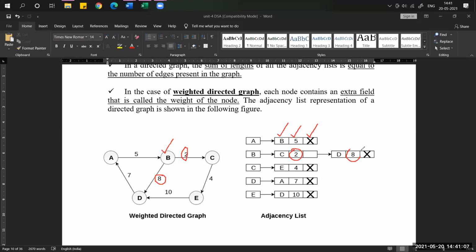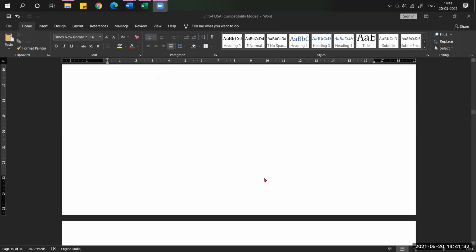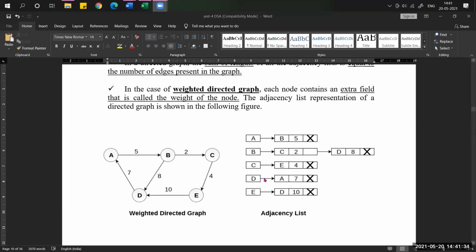That's why we kept 8. We have only two vertices, that's why we kept null at the pointer field. So like this, you have to fill the adjacency list.